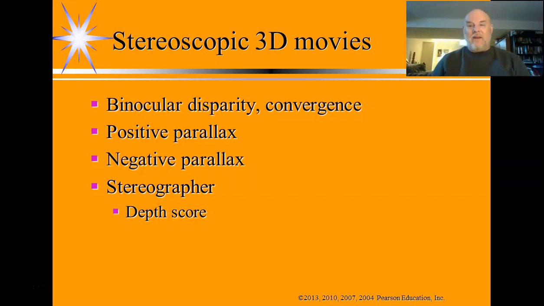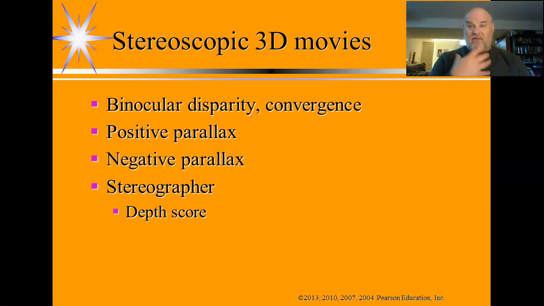So what will happen is, when a film is being converted into 3D, a technician called a stereographer will come up with a depth score for the film, just like a movie score or a sound designer, and will decide where each object on the screen should be perceived in terms of its relative distance from the viewer.